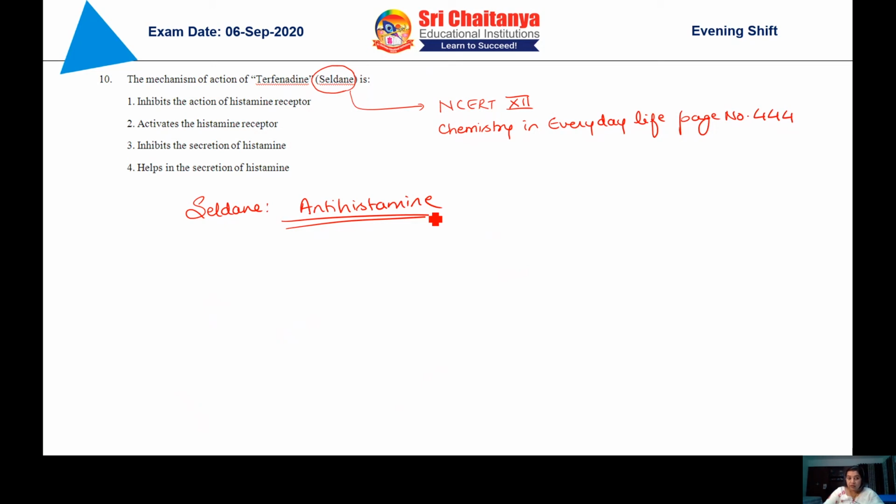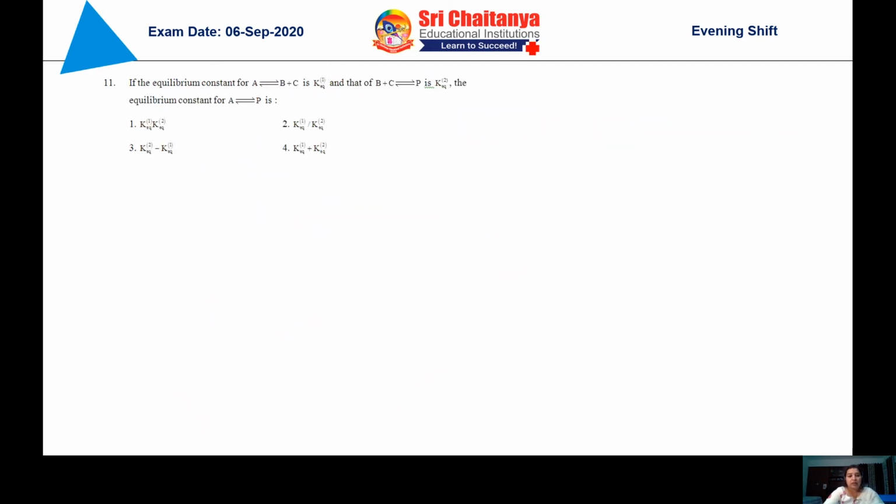They interfere with the natural action of histamine by competing with the histamine for binding sites of receptors where histamine exerts its effect. So it competes with the histamine and thereby decreases its reception at the binding sites. So it inhibits the action of the histamine receptor. The answer has to be 1, right?